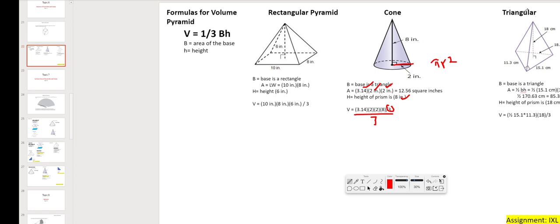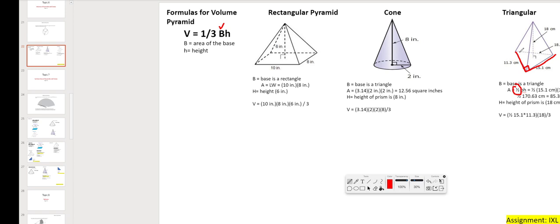Now, if we go to the triangular pyramid, what we have is the area of the base. That's the big B. So it's a triangle. This could be the base. This could be the height. Notice they give you this 90 degrees, so that's the base and the height. You multiply those two, but because it's the area of a triangle, remember we have to divide it by 2.